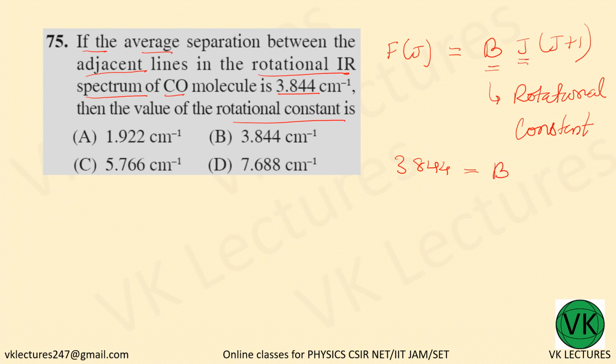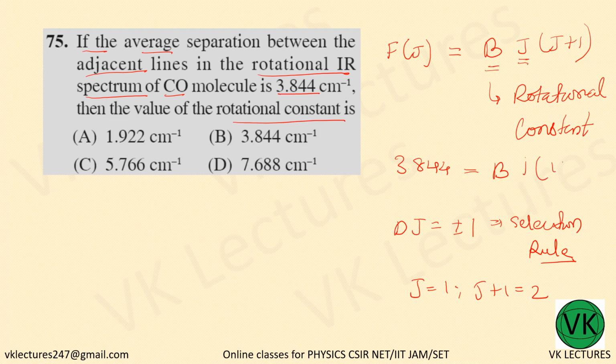This is equal to B into, now what should be the J value? Delta J, we have written it as plus or minus 1. That is the selection rule. Then if J equal to 1, J plus 1 equal to 2. So B into J plus 1 is equal to 1 into 1 plus 1, that is 2. So then what is B equal to?